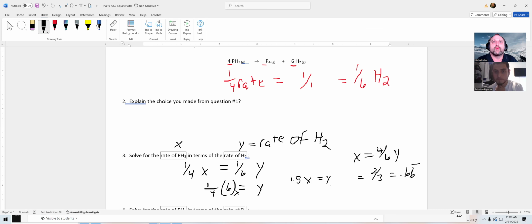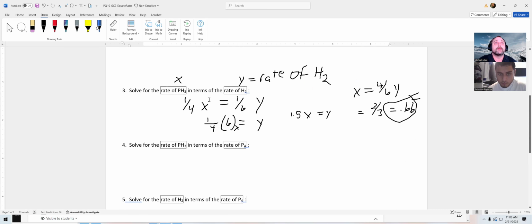So it's all a matter of which one they're asking for. So they want this rate in terms of that. They're probably looking for this 0.6. So you have to be careful on these. That's the hardest part, deciding which one they want to be in terms of the other one.